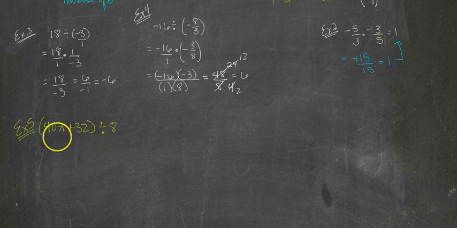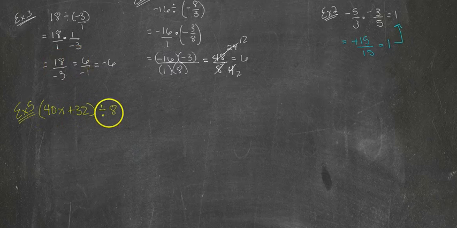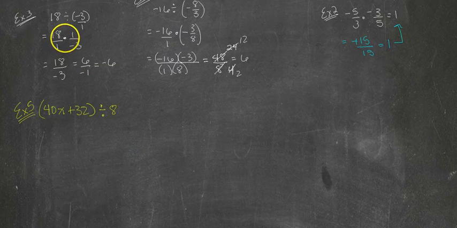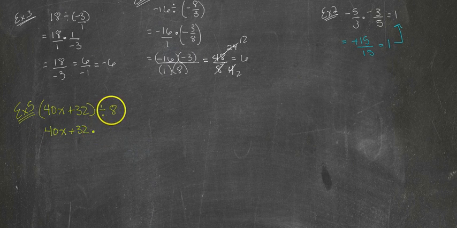Okay, I'm going to show you actually. The first step, we want to do exactly the same thing we did up here, only we're going to do it with this bigger polynomial. First thing is I want to turn it into a multiplication by the inverse. So I have 40x plus 32 times 1 over 8.